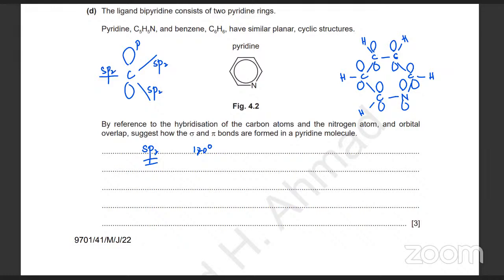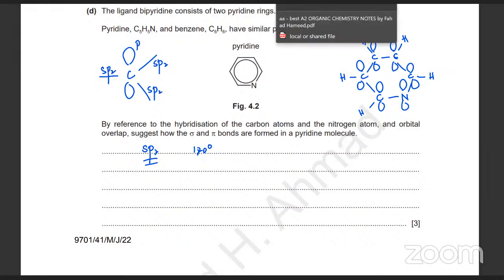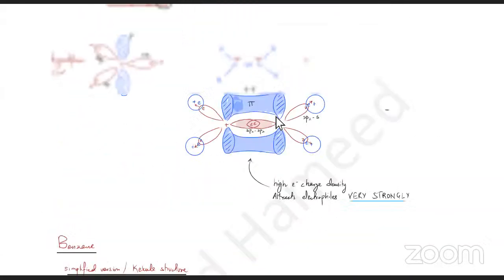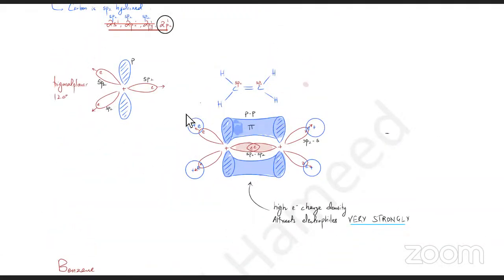Remember what happens in sp2 hybridization: carbon has 3 electrons in sp2 hybrid orbitals, which are forming sigma bonds, and there's a fourth electron that's available for pi bonding, and that's your p orbital. So the fourth electron is still in its p orbital.